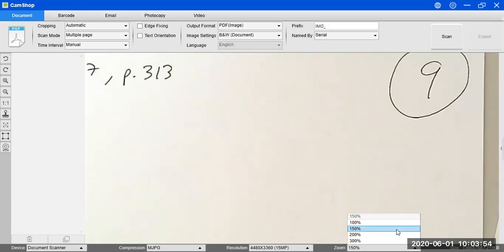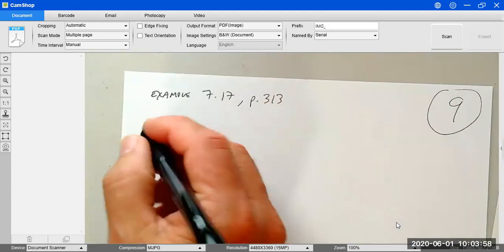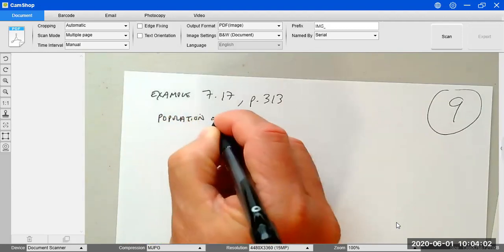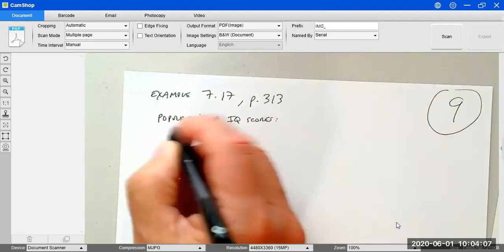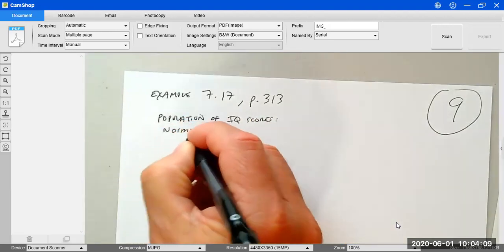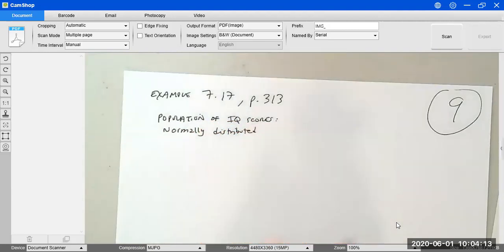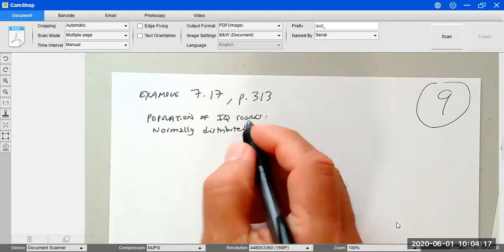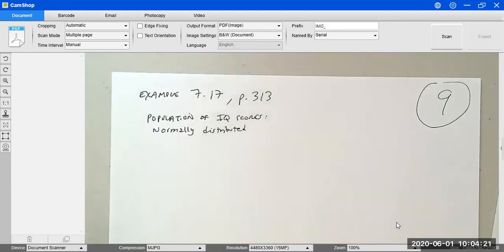The population of IQ scores. So we have a population of IQ scores, which is normally distributed. If they don't say that in the problem, you cannot do anything. You need to do other things, but don't use the normal distribution.